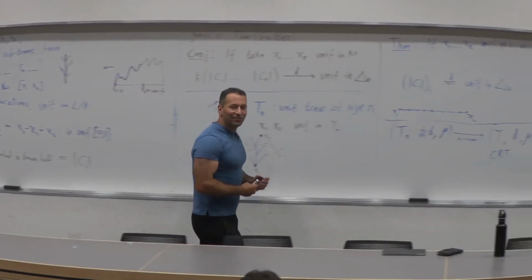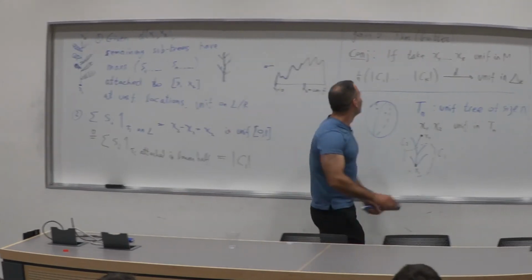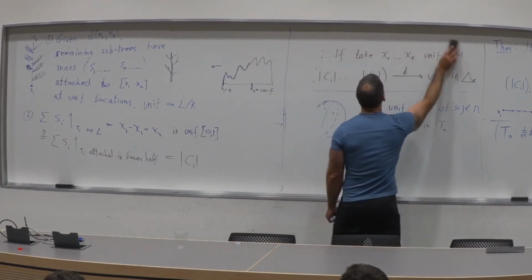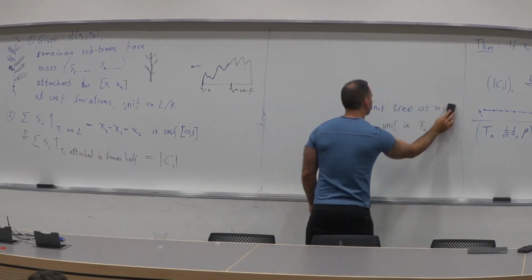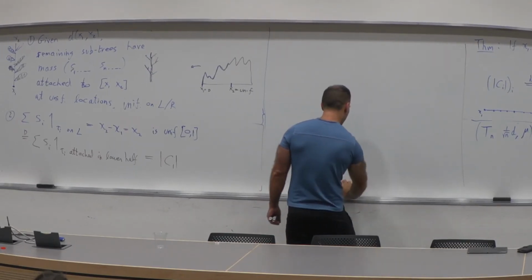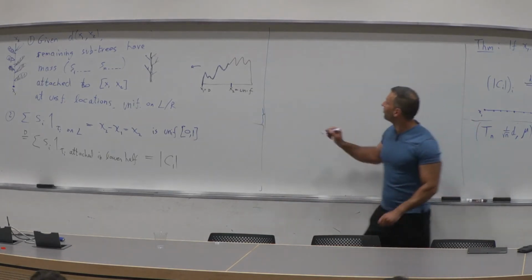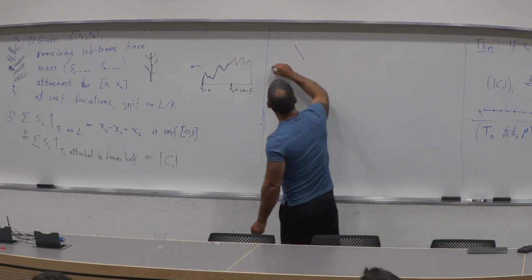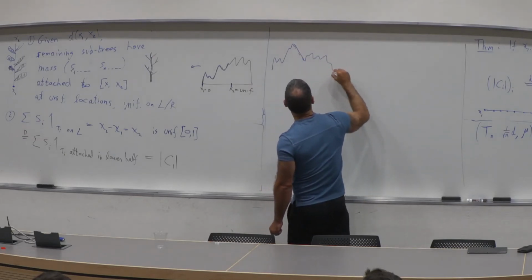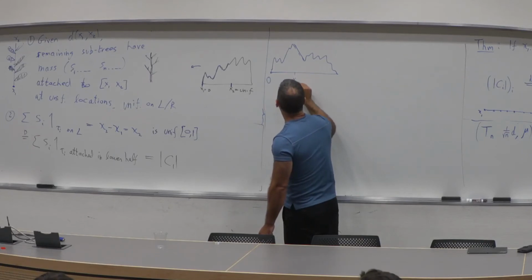So then we say, well, if it's so simple for 2 points, let's try 3 points. And for 3 points, what happens? OK, so let's start with the Brownian excursion. We take 3 points, 0, x2, and x3.